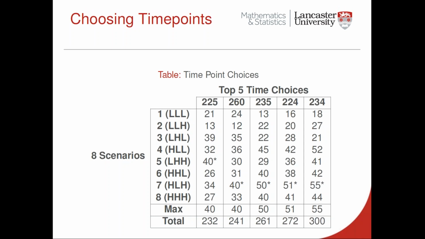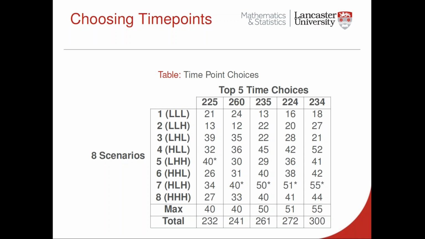Then for a set of time point choices, the numbers 225, 260, 235 on top simply correspond to a given set of sampling time points. I'll find what is the rank in terms of deviation from the truth for each of those choices.